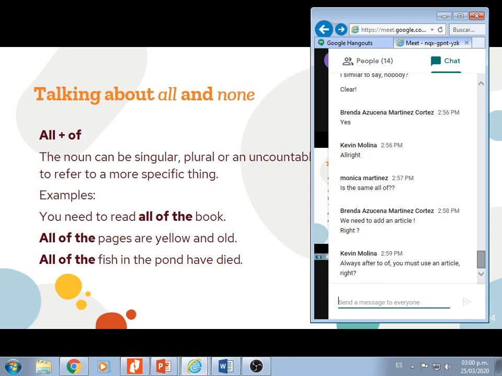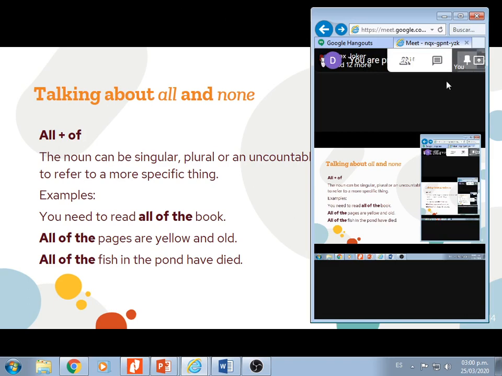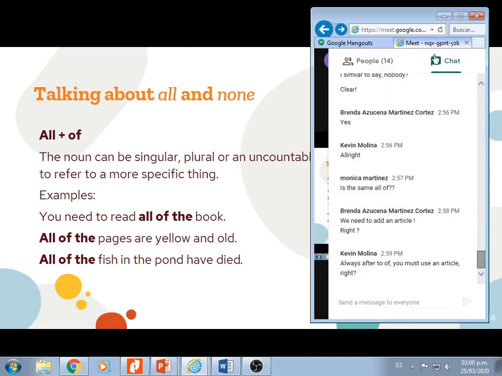If you want to be more specific, you can use a determiner, but after "all of," you need to have a determiner. You cannot say "all of books." You can say all books or all of the books.